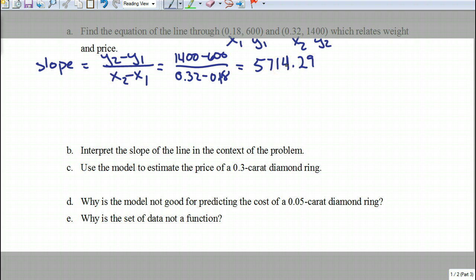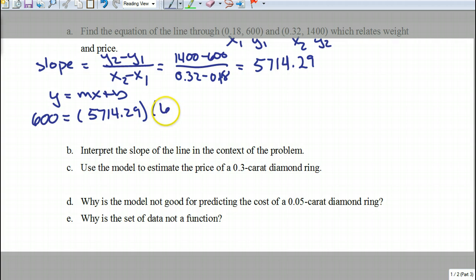All right, we know that we are using y equals mx plus b. We now know m, and we have 2 points from which we can get x and y. So I'm going to pick the first point, and I'm going to put 600 in for y, and 5,714.29 in for m.